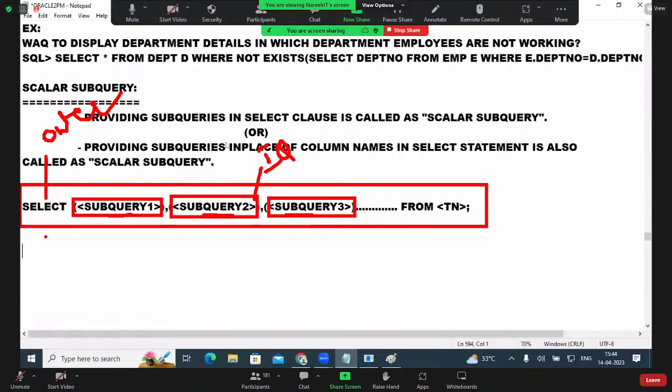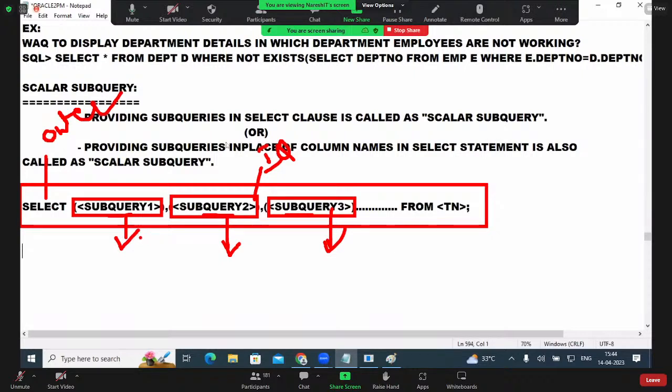So scalar subquery also follows the non-correlated mechanism. In non-correlated, which query is executed first? Inner query. So here also every inner query is executed first. And after executing the inner query, it will return some result.